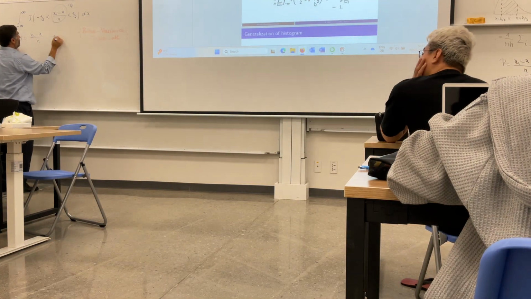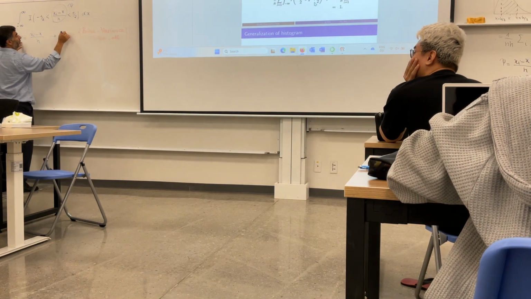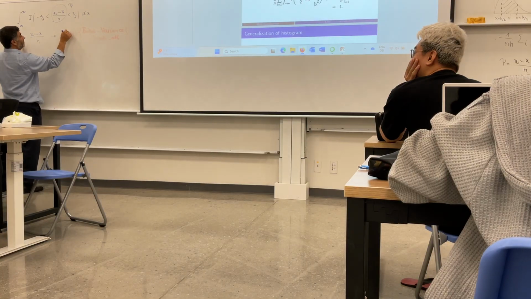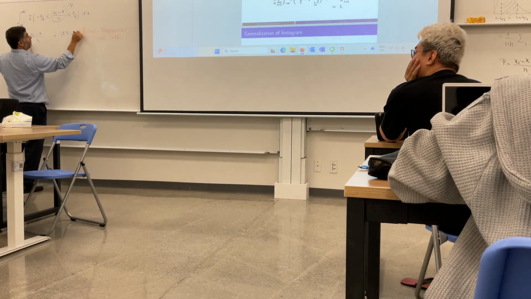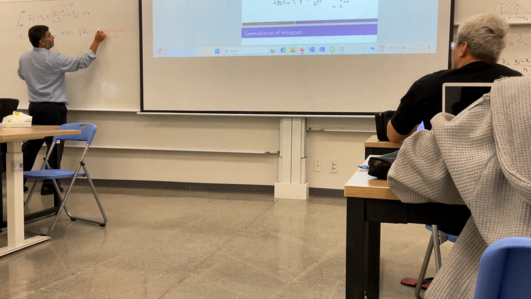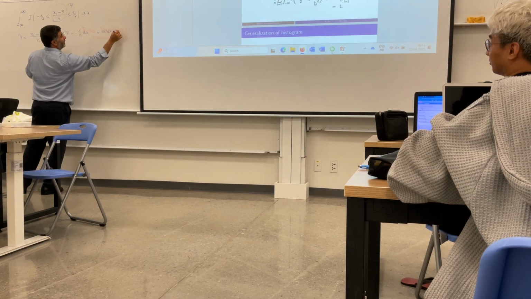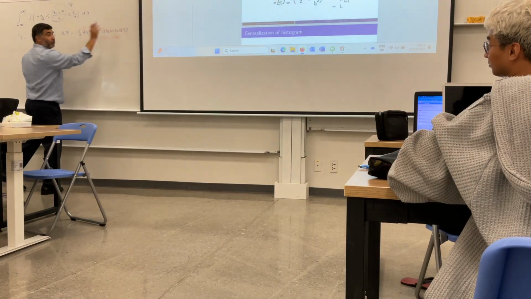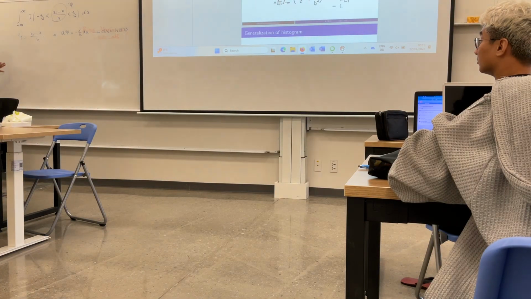Taking the derivative, d psi equals minus 1 over h dx, which means dx is minus h d psi. So I'm just repeating it.